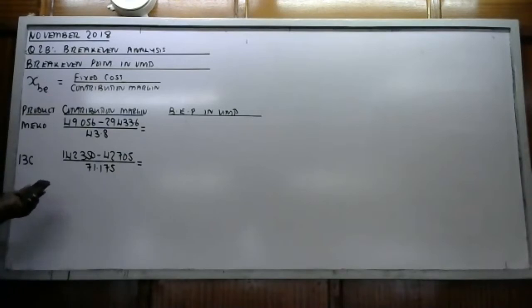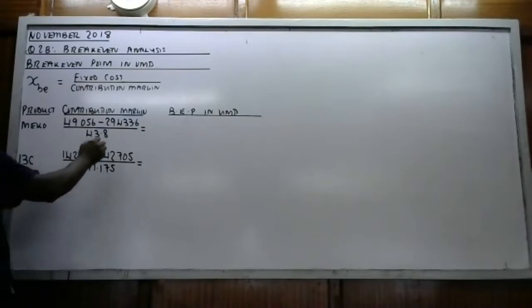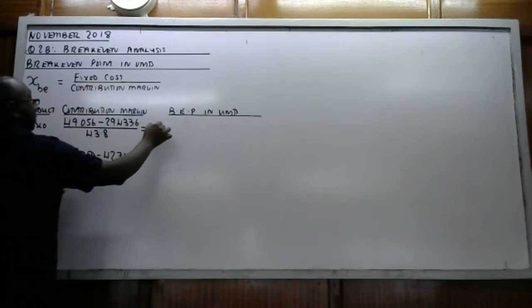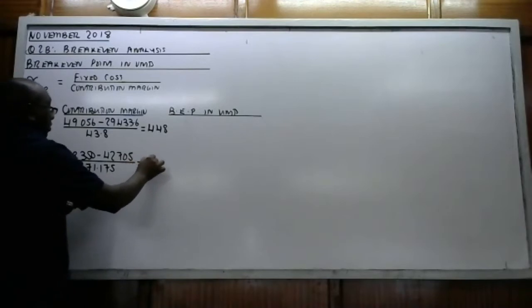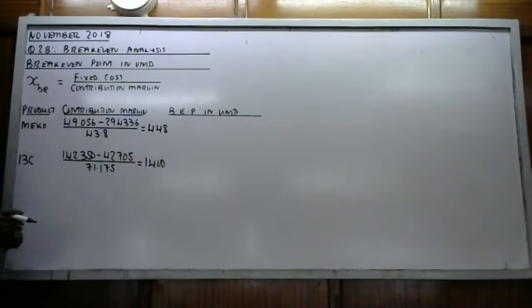So sasa hii ni 49,056 minus 29,433.6. Divide by 43.8, 448. And 142,350 minus 42,705, divide by 71.175 is 1,400.